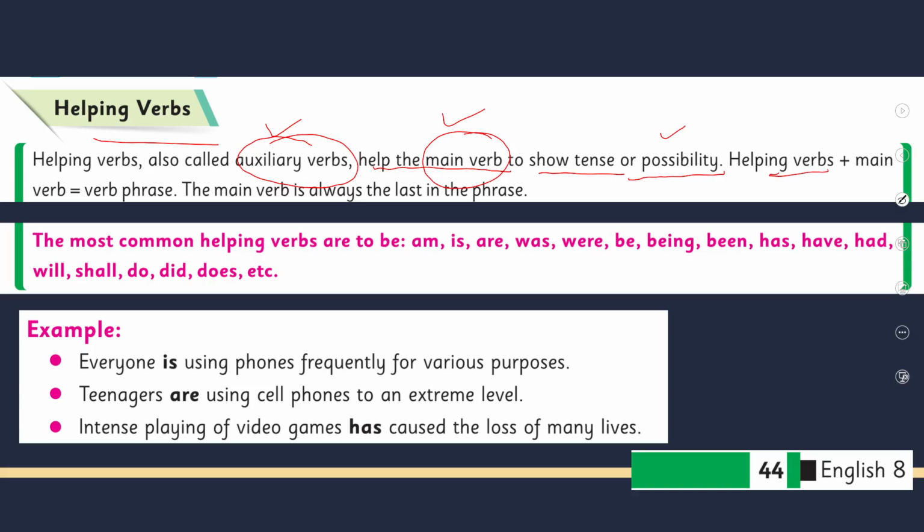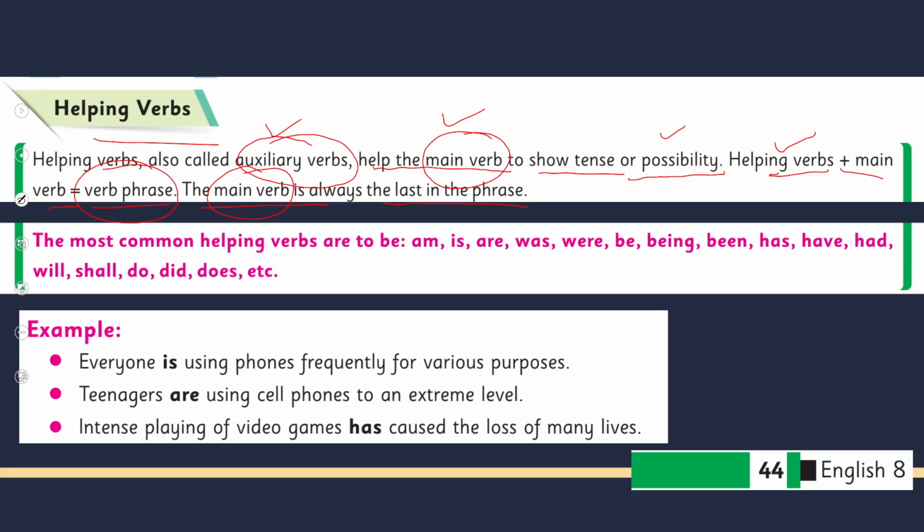Helping verbs added with the main verb will become a verb phrase. And remember that the main verb is always the last in the phrase. As you can see over here, your helping verb comes first plus your main verb, which creates a verb phrase. So if you want to make a verb phrase, the main verb is always at the end.